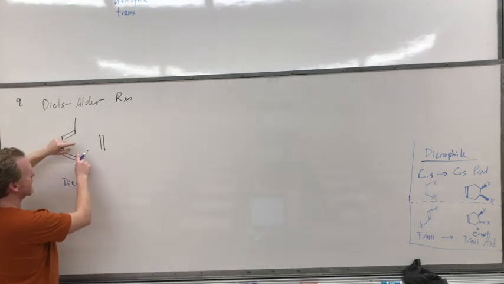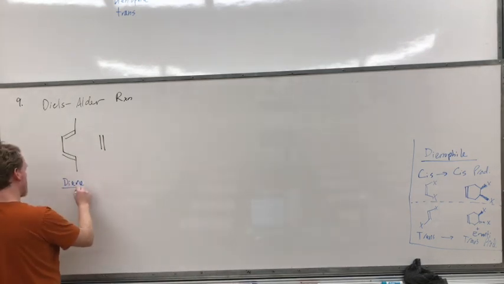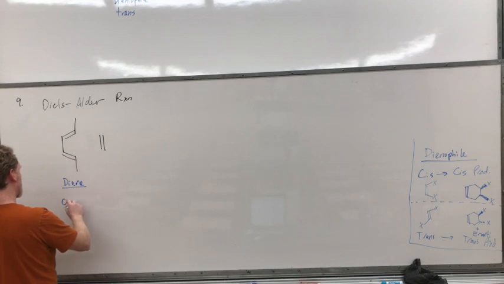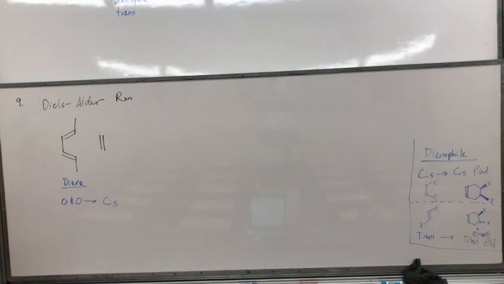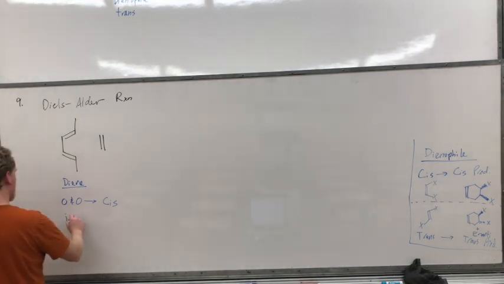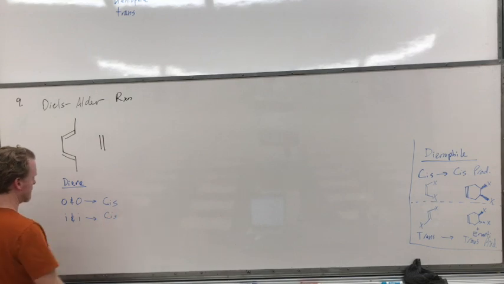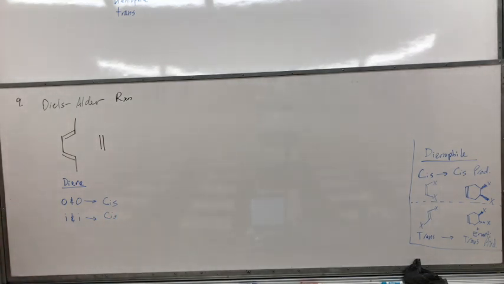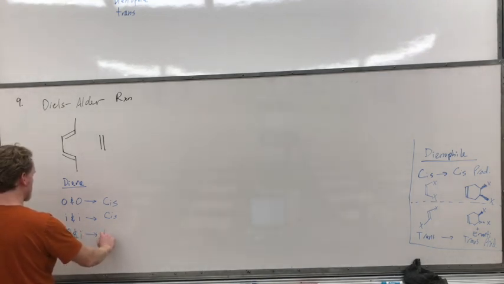If they're pointing in, there'll be cis in the products. I think of it as like, if it's out, out, and out, you get a cis arrangement of those two groups. And if they're in and in, you also get a cis arrangement. And then I'm sure you can infer if you have one out and one in, that's when it comes out trans.